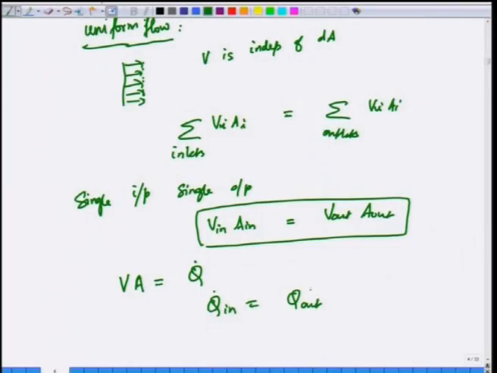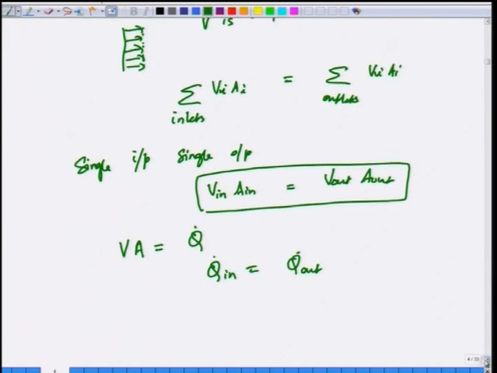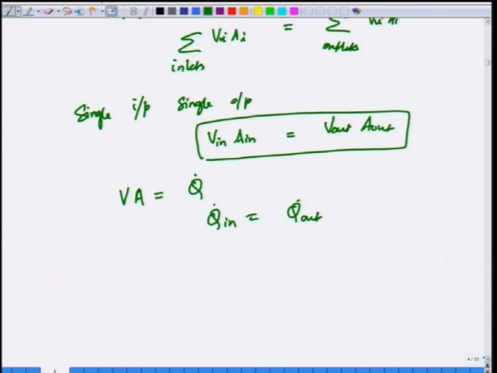The volumetric flow rate is denoted by the symbol Q dot. This is the simplified form of mass conservation equation that is useful in many contexts and practical applications.